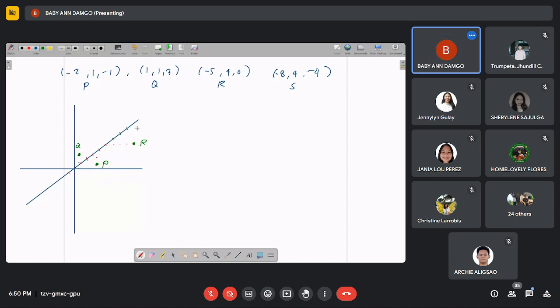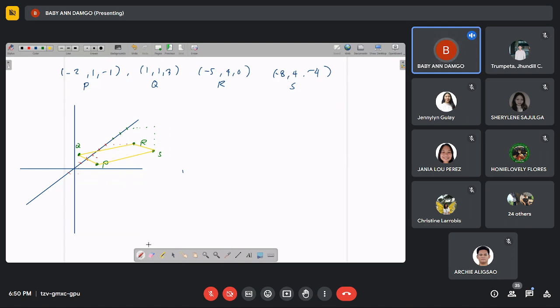So we have 1, 2, 3, 4, and then 1, 2, 3, 4. So this is our S. So if we connect, okay, it forms a parallelogram.